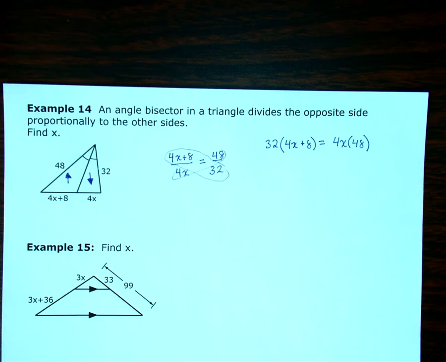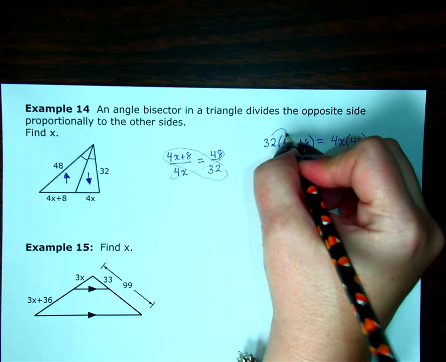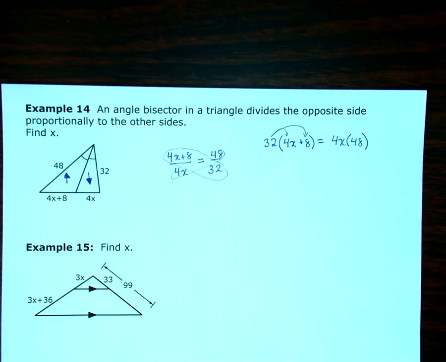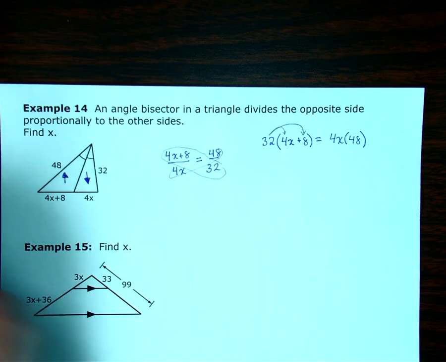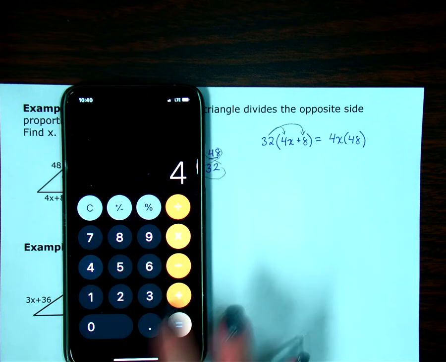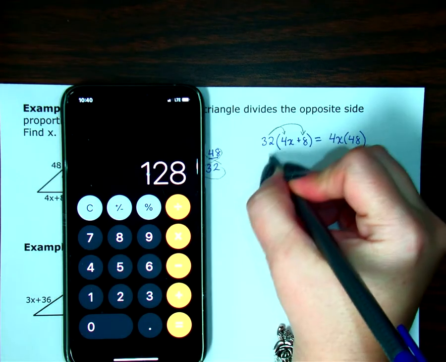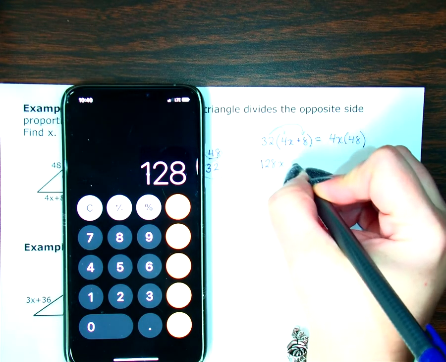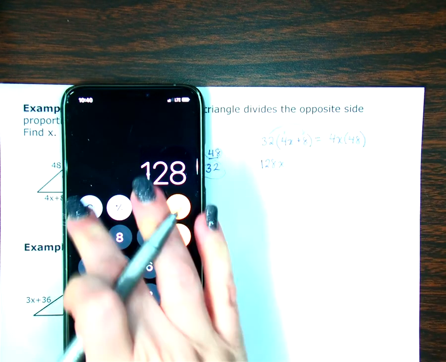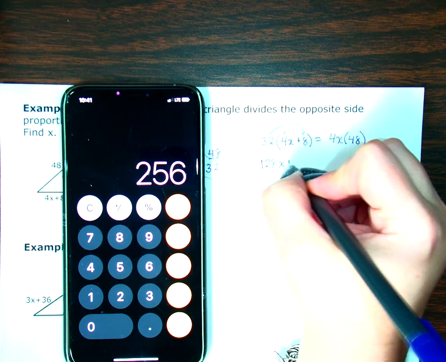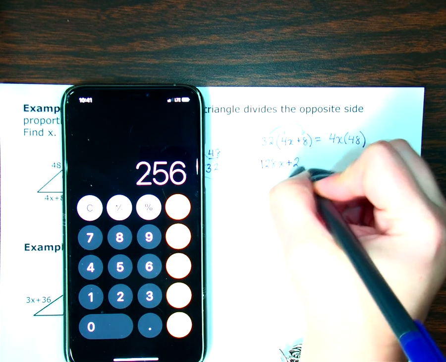Okay, so now I'm going to distribute. 32 is going to be multiplied to the 4x and to the 8. To do that, I'm going to grab my calculator and do 32 times 4, and I get 128, and because there's an x there, it's 128x. And then 32 times 8 gives me 256, so plus 256.